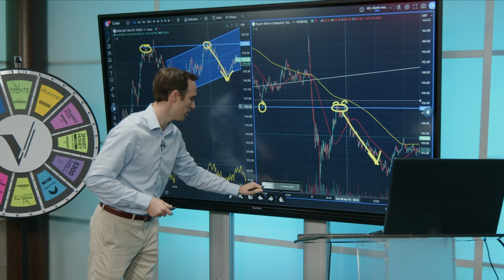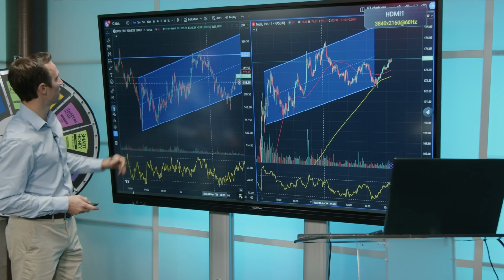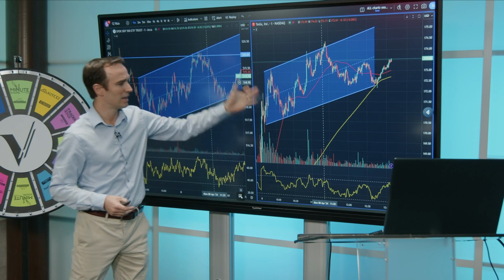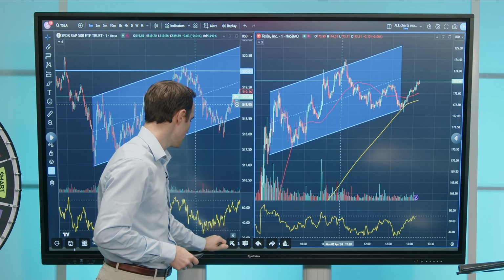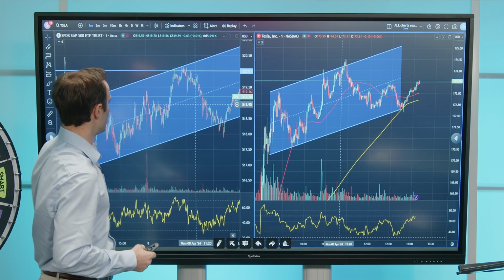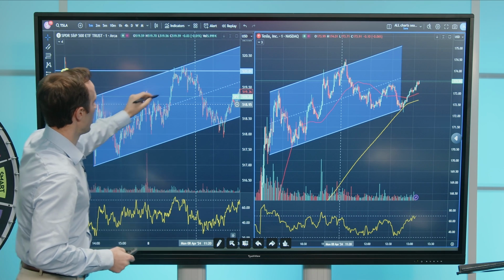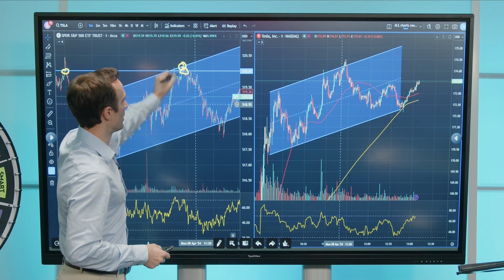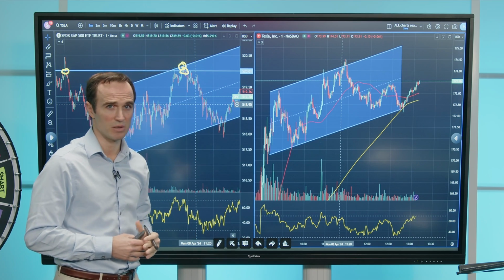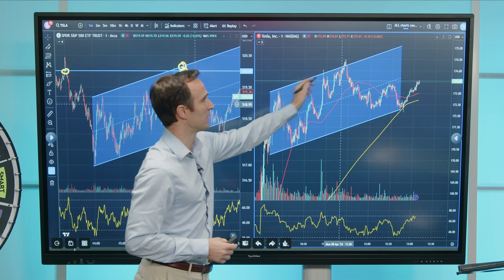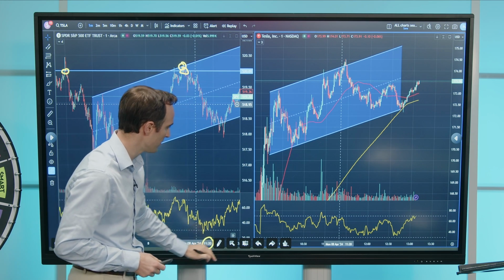So let me give you a couple other examples here. This chart is, again, the S&P on the left, Tesla on the right. This was earlier today, and you can see here that you have two parallel channels. We talked about the S&P being at resistance here, also with the parallel acting as resistance. And then Tesla is also into a parallel, which is acting as resistance, at the same time here, 11:20 today.